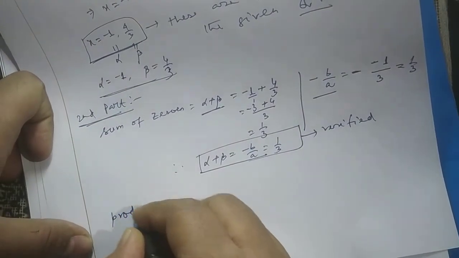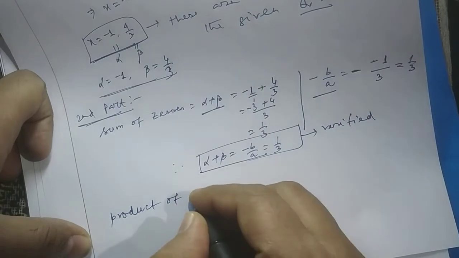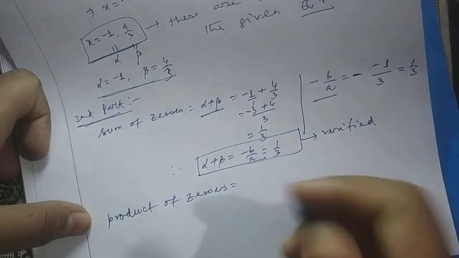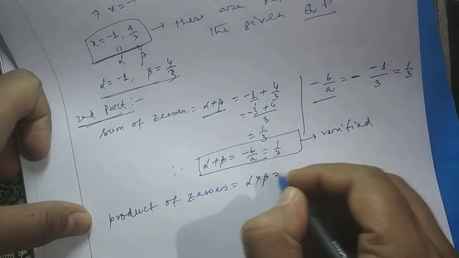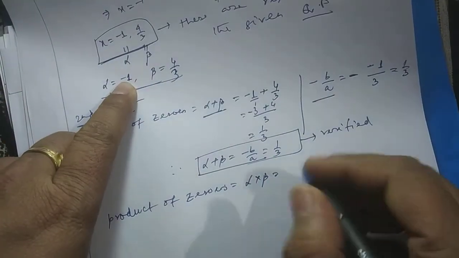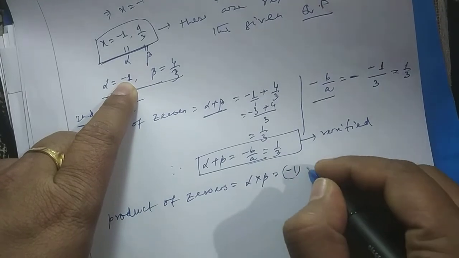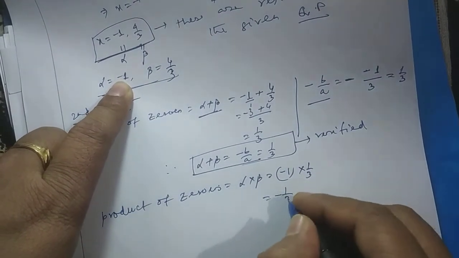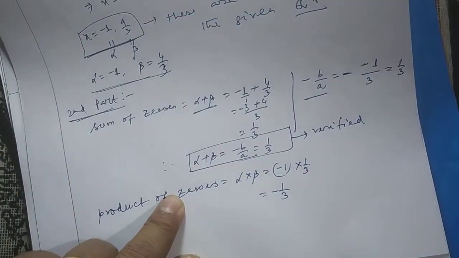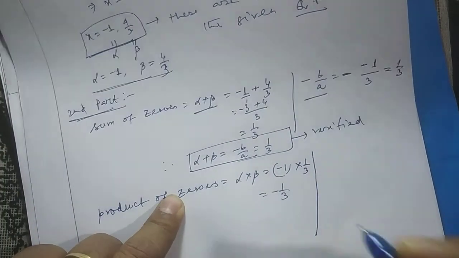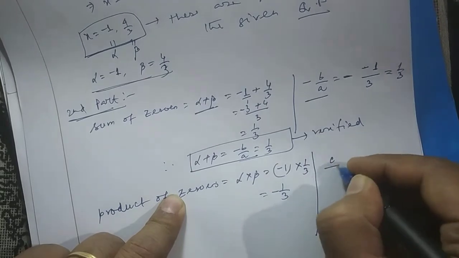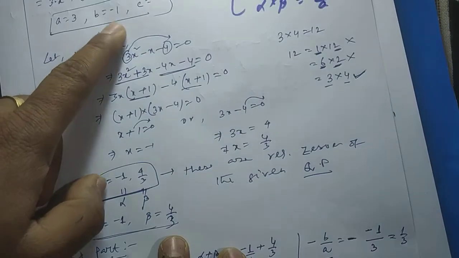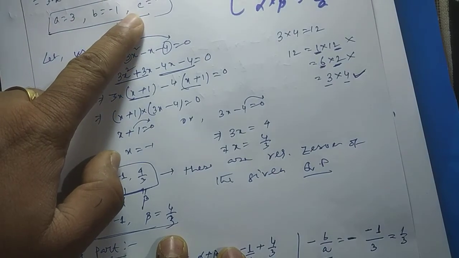Now first find product of two zeros, means alpha into beta. Now what is the alpha here? Minus 1, and beta was 4 by 3. Then it will be minus 4 by 3. Correct? At the same time, on the right hand side, find out c by a. Now look at here. What was the value of c here?